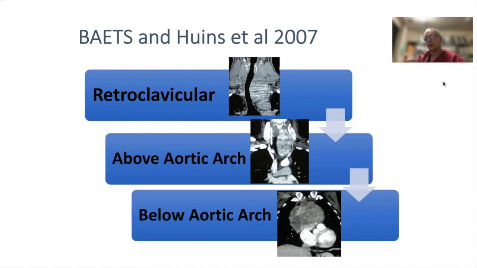When you go into the BAETS database and they ask you to classify at which level the goitres are, they are classified as retroclavicular, above the aortic arch, and below the aortic arch, and that gives us a way to compare these goitres.